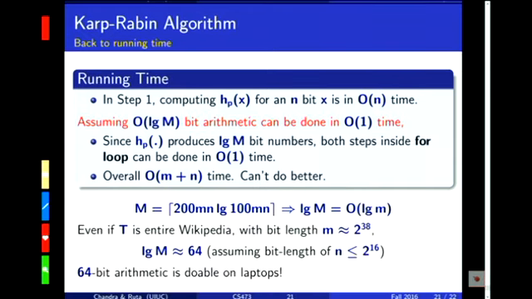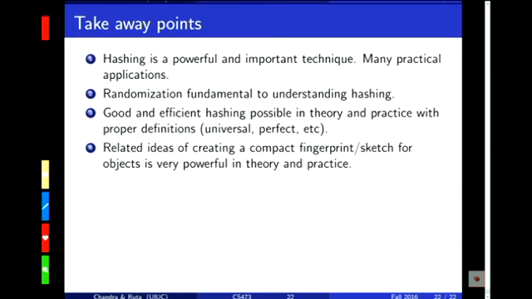Okay. So all in all, this is finishing hashing in some sense. Hashing is a powerful and important technique. It is applicable in many practical situations, and randomization is fundamental to understanding hashing, because you are reducing the size of the object, so you have to lose somewhere, and there is some error probability because you are using randomization, but you can bound that, and actually you can do good hashing in practice.